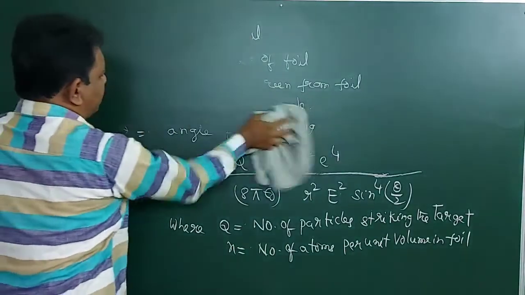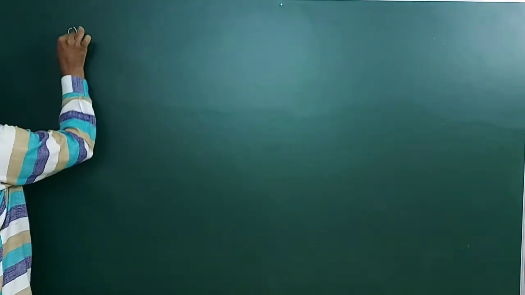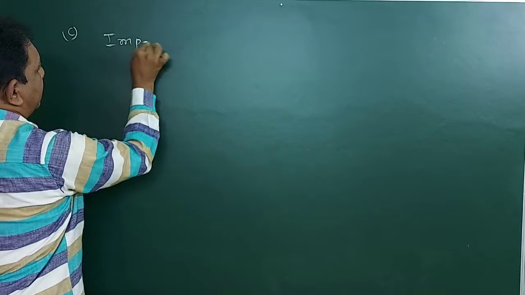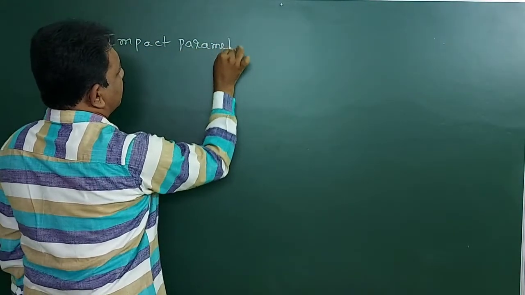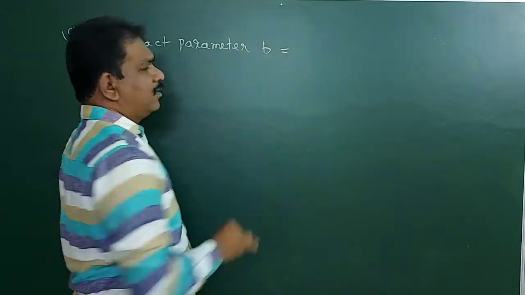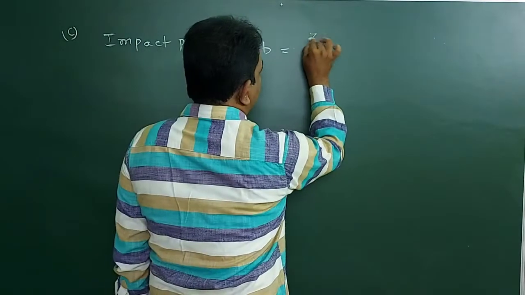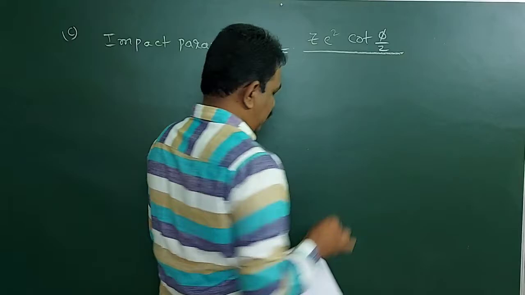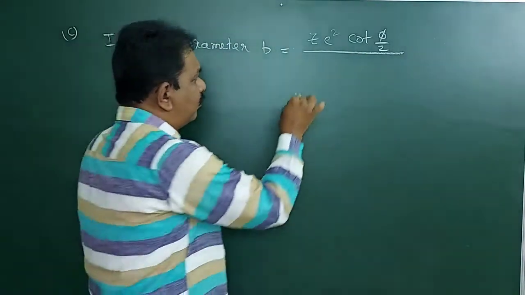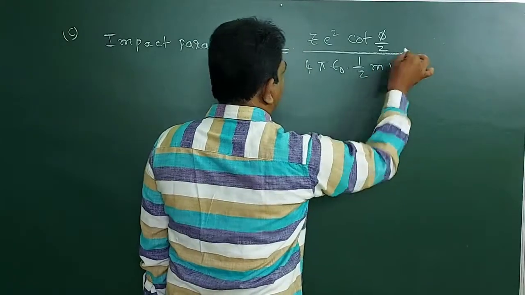Next one will be, in the alpha ray scattering experiment, 3, C, impact parameter. b is equal to Ze square cot theta by 2 divided by 4 pi epsilon naught times half mv square.